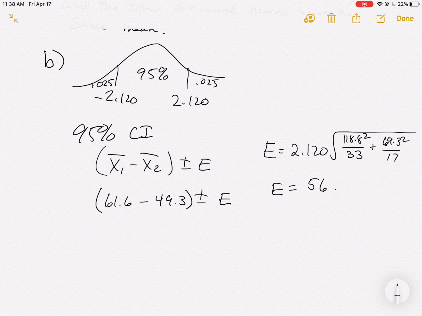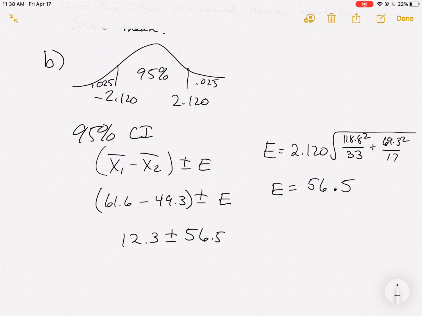And I'm going to go out to one decimal place because that's what they rounded their means and their standard deviations to. So we'll do 56.5. It was 56.49. So now we find out what 61.6 minus 49.3 is. Well, we get a difference of 12.3, and we're going to add and subtract the 56.5.